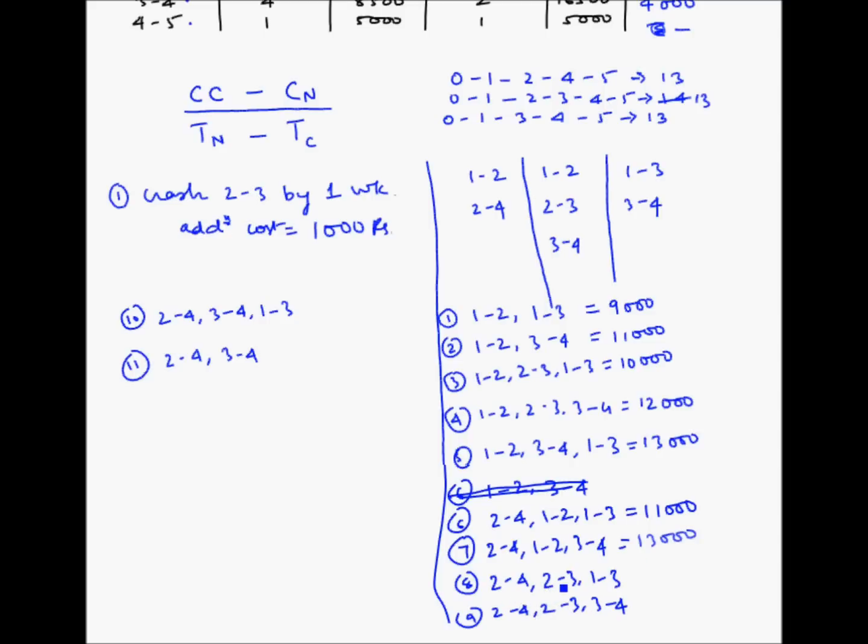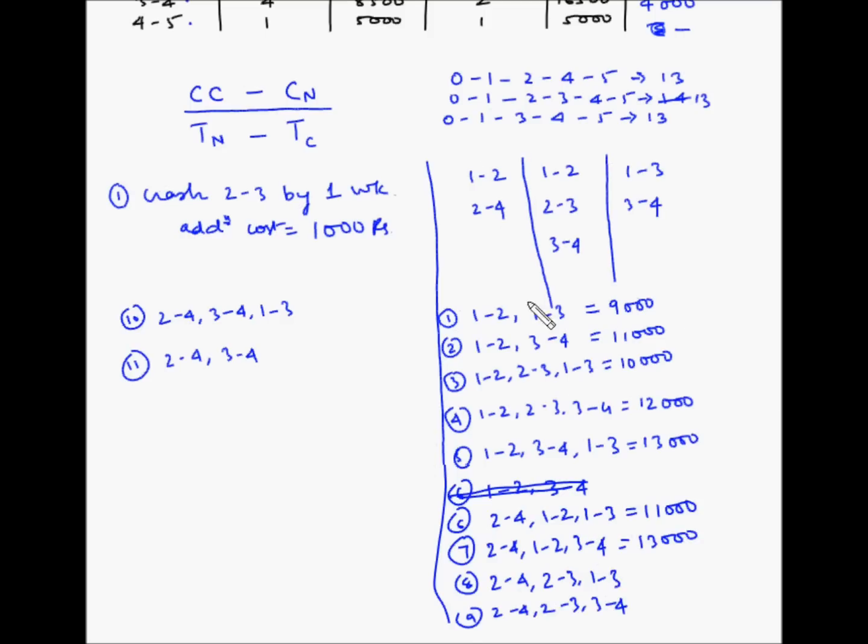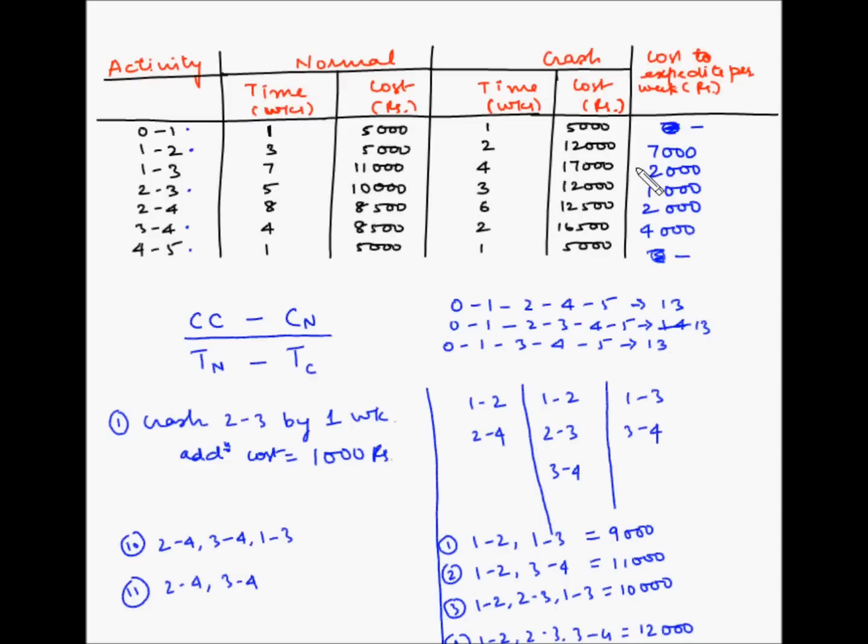Next is 2-4, 2-3 and 1-3. So 2-4 is 2,000, 2-3 is 1,000, so this is 3,000, and 1-3, which is 2,000, so 3 plus 2 is 5,000.